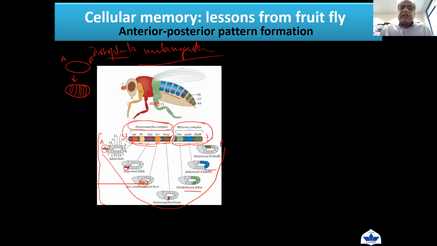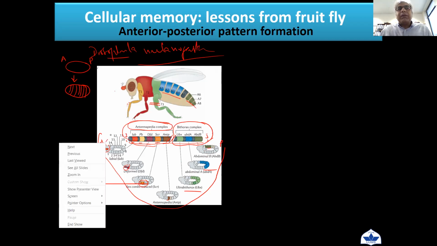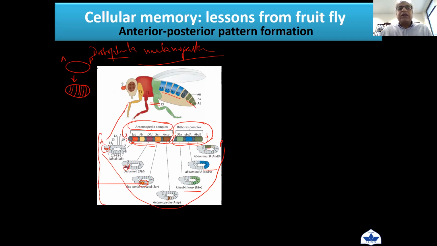So the gene expression pattern of these master regulators is established very early during development, at the stage of segmentation or so. And then these gene expression patterns are maintained throughout development all the way to adulthood. It goes through larval stages, pupal stages, and so on. So this is basically at the transcriptional level.